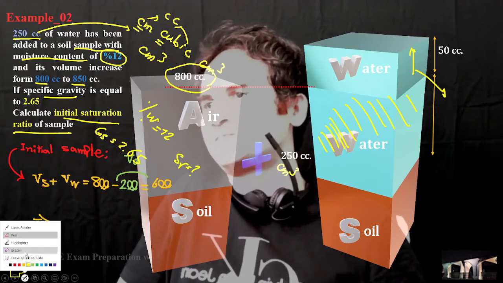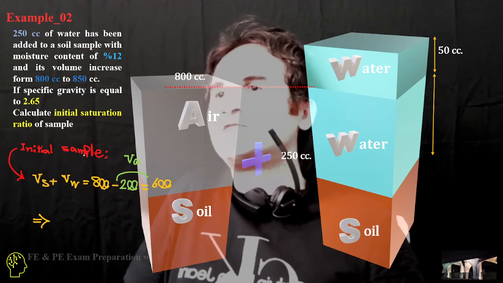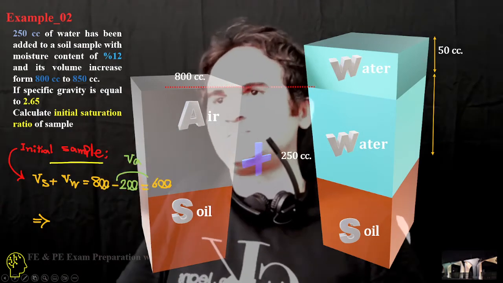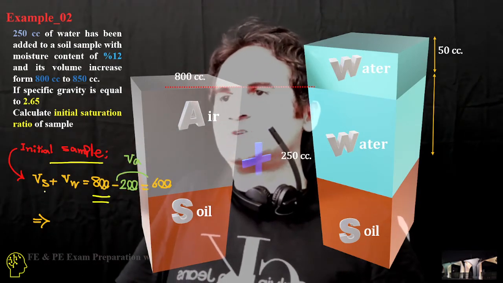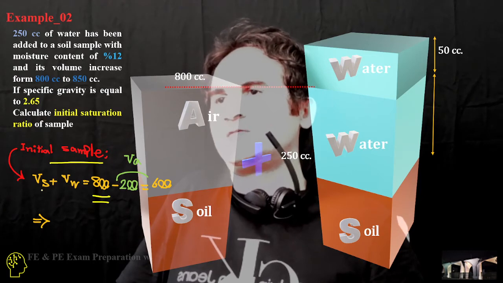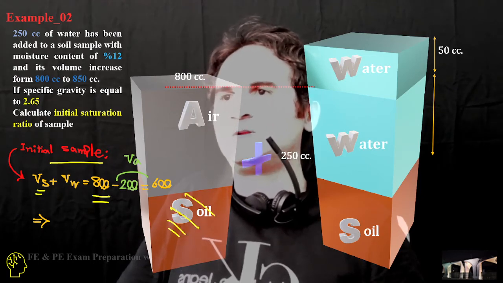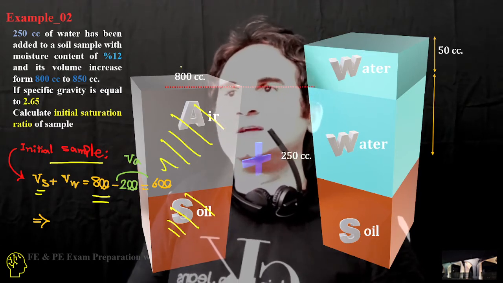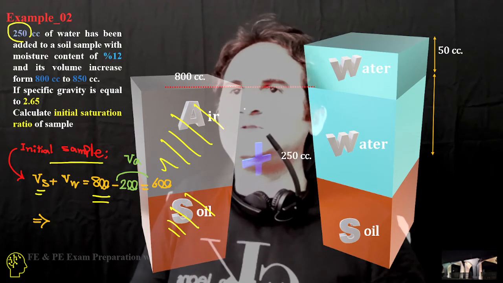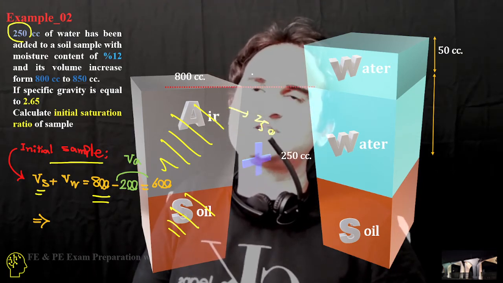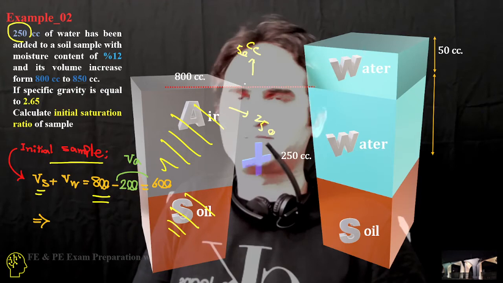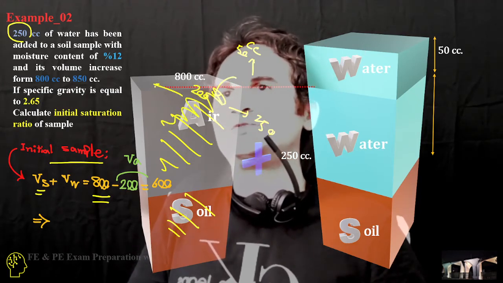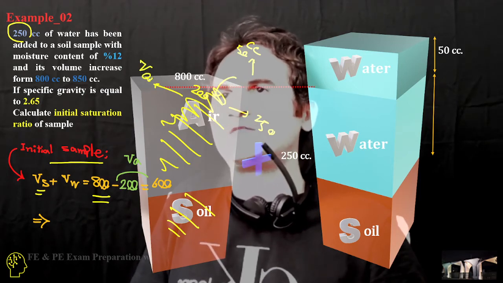For the initial sample, Vs plus Vw is 800, if we just consider the volume of soil plus the volume of water, not the air. If we add 250 to this sample, it just rises by 50 cc. It means 200 of that goes somewhere into the voids, to a volume of air.